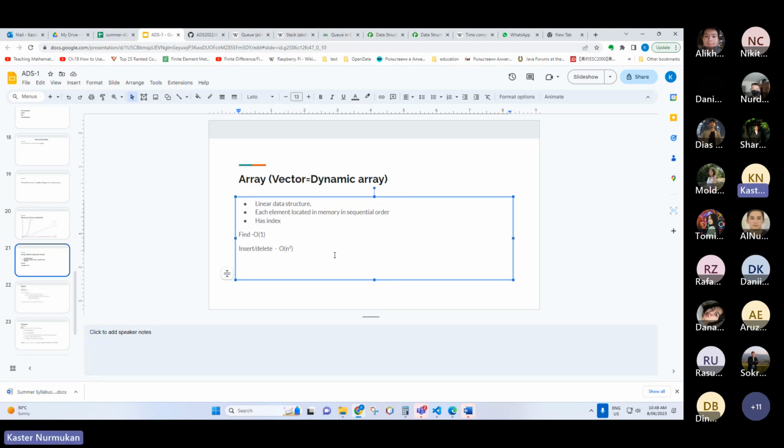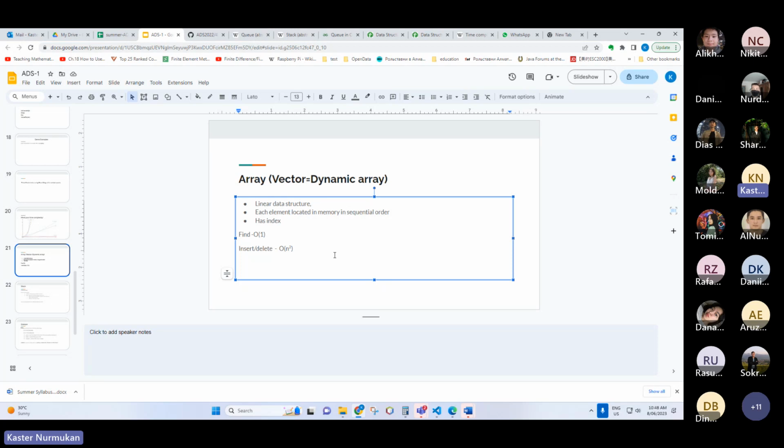A queue is a double-sided data structure, and a stack is a one-sided data structure. They have only one checkpoint, so they insert first, then output at the same entry point. So that's a very limited operation. You have to imagine in your mind that they have only one checkpoint, that's a stack.